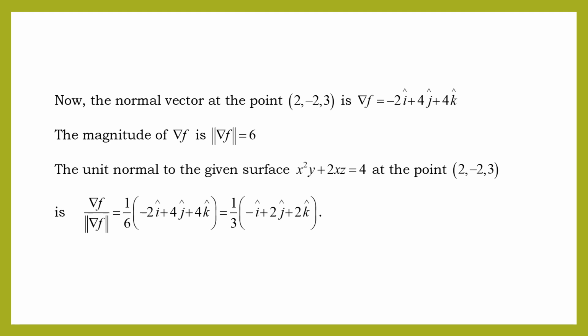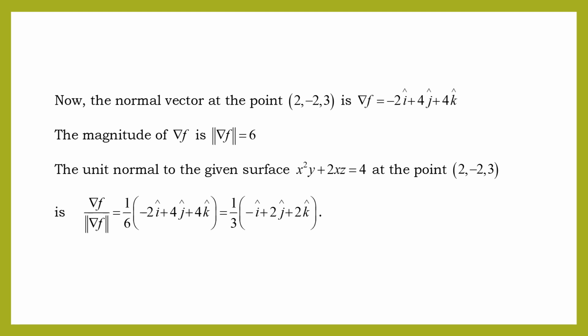We want the unit normal. Up to now we found the normal to the given surface at the given point. To find the unit normal, we have to find out the magnitude of del f, that means norm del f.